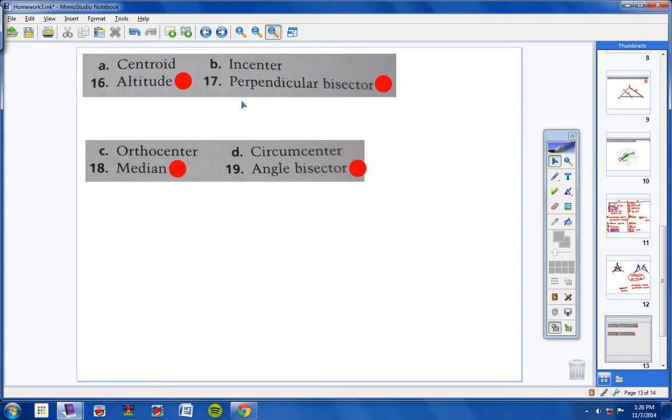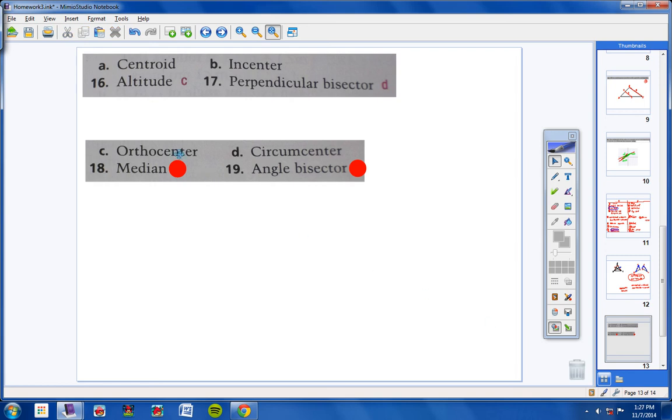So the orthocenter C would go with altitude, C. Now, when you draw your perpendicular bisectors, the point where they intersect is called the circumcenter. So D, circumcenter, would go here with 17.